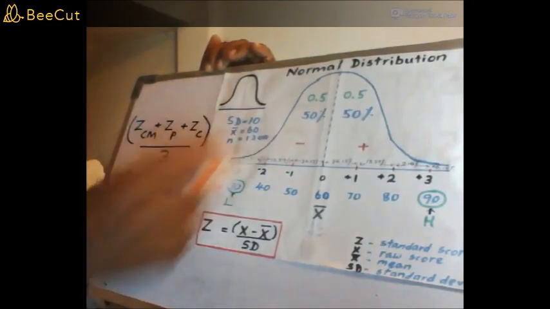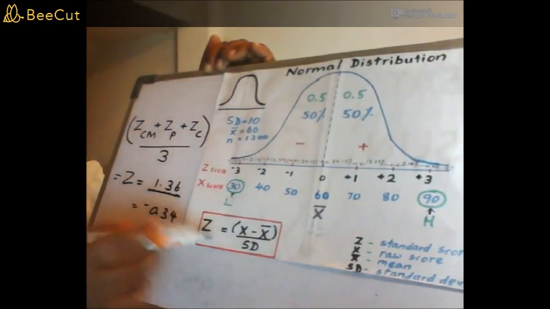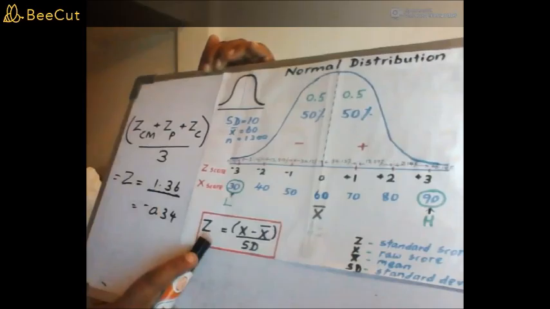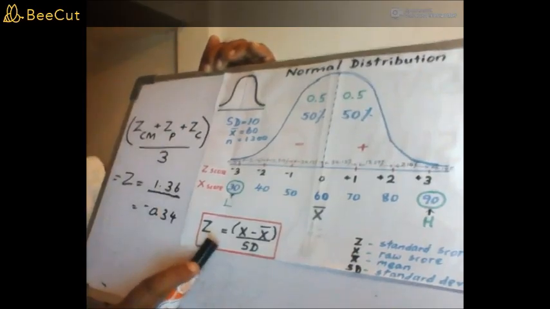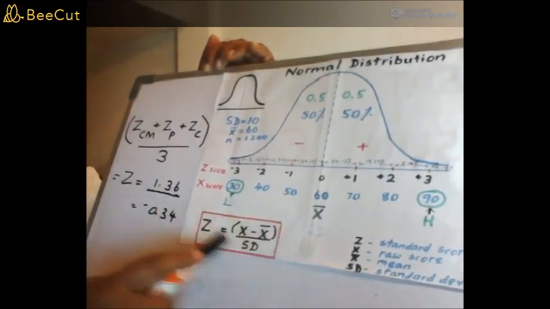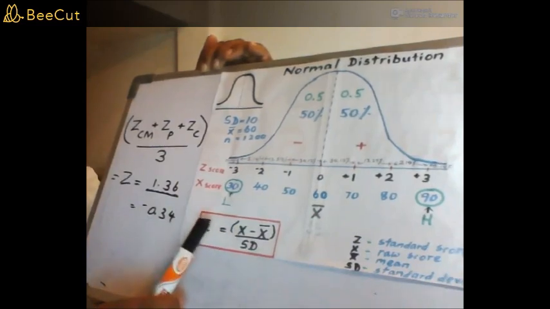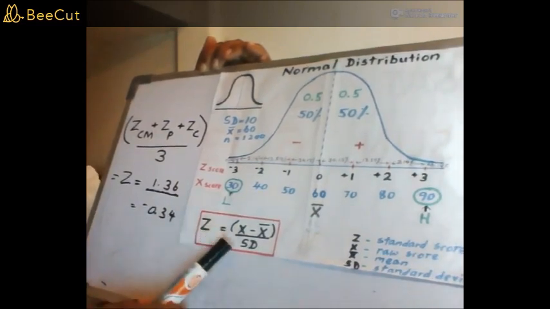Now, what we calculate here is for one particular subject. By calculating this Z score, we can know one's position within the group. According to the Z score, we can know that child's performance within that group.